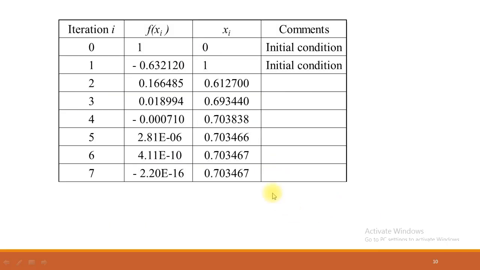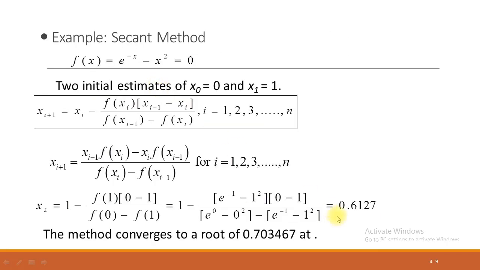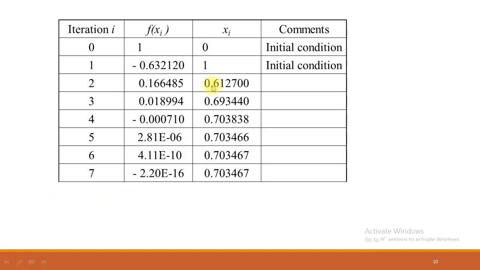And you see here, 0.6127 is the x2 root. Using x0, x1 and x2, we can put this root into the given equation and we obtain 0.166485.